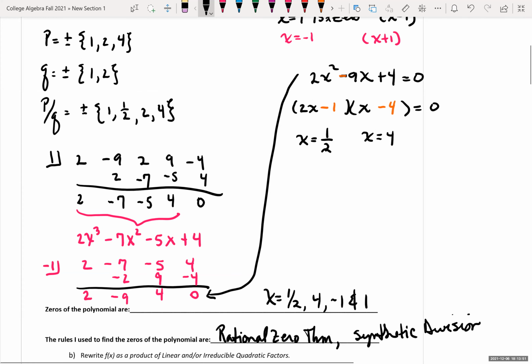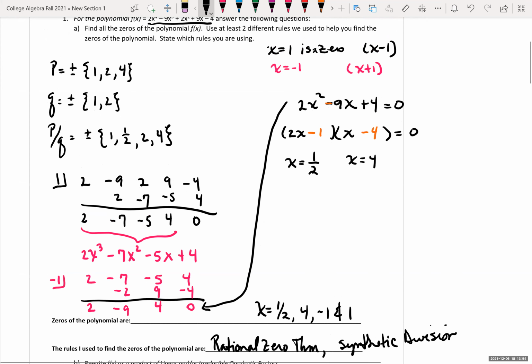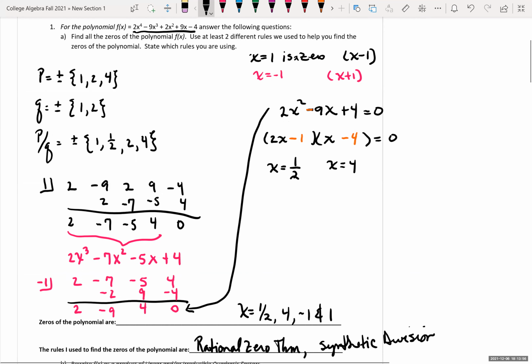Some of you had said the quadratic formula. And actually now thinking about it, I guess that is a rule that you're using. Some of you had used it on the quadratic piece to figure out what those zeros were. And so I guess I'll go back and give you that 0.5 point back. So that would also be correct.